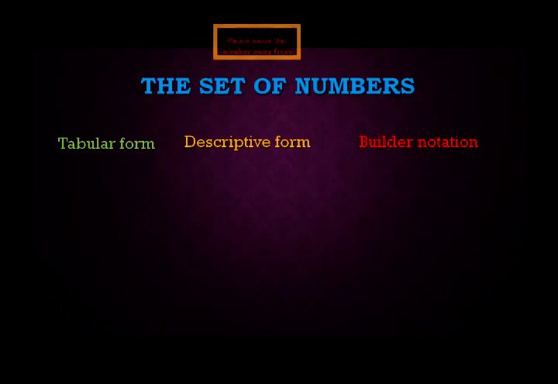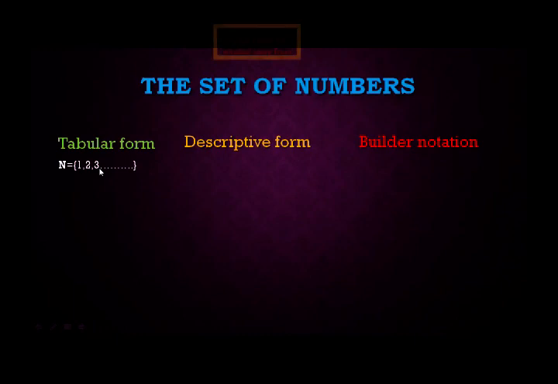One by one, we will discuss the sets of numbers. The first one is N. N represents natural numbers. Natural numbers are simple numbers like 1, 2, 3, 4 up to infinity. Natural numbers are infinite. Right now this is in the tabular method.